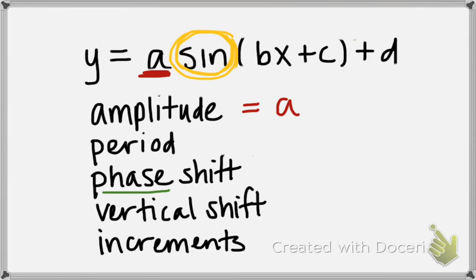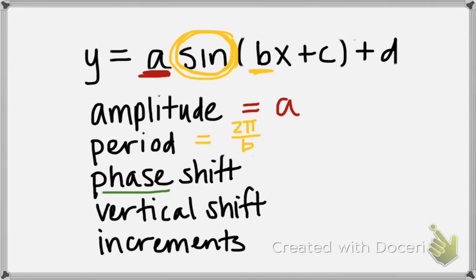However, this number b can cause the function to be horizontally stretched or shrunken. So to determine the new period, if the b value is not equal to 1, you're going to take 2 pi, the typical period for the function, and divide it by the value of b. And that's going to cause a horizontal stretch or shrink.